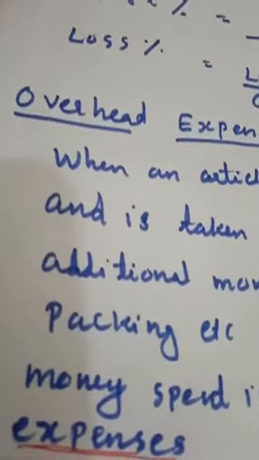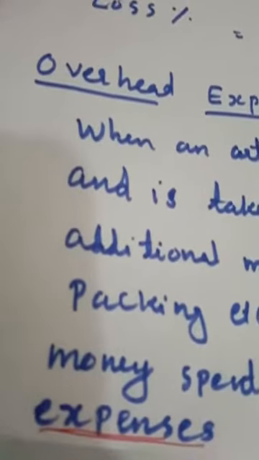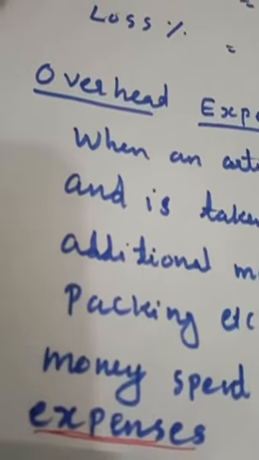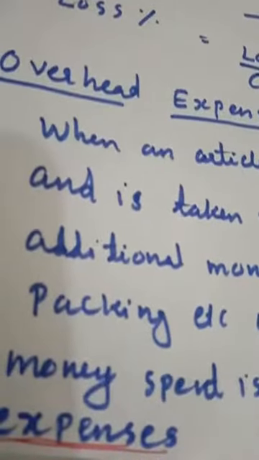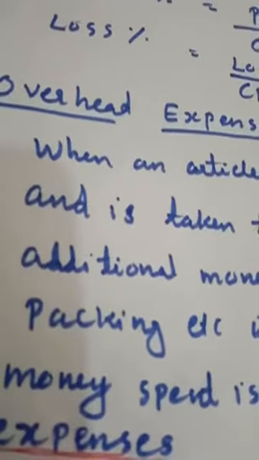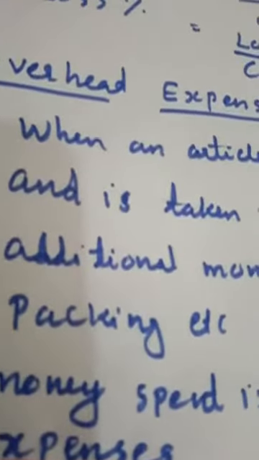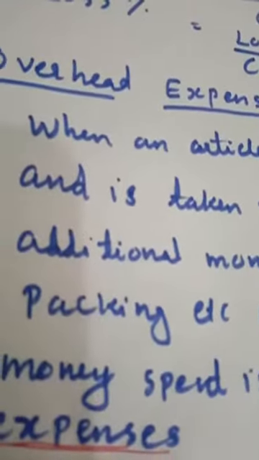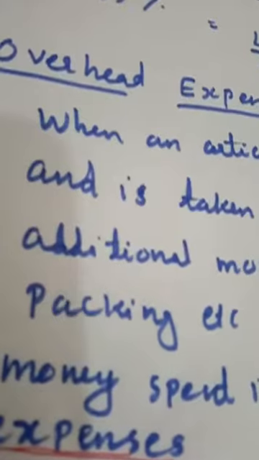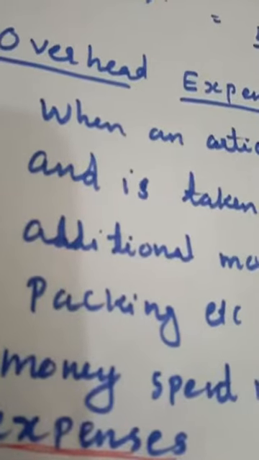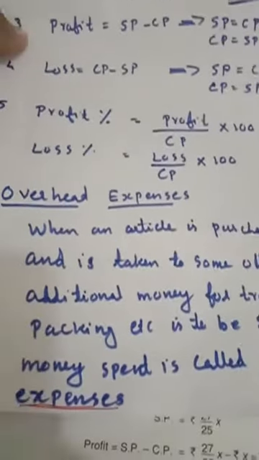When an article is purchased at one place and taken to another place, we need transportation, labor charge, and packing charge, etc. This extra money we are paying is called overheads or overhead expense. Actually, the article has a marked price, but if we take that product to another place, we need to pay these extra charges.